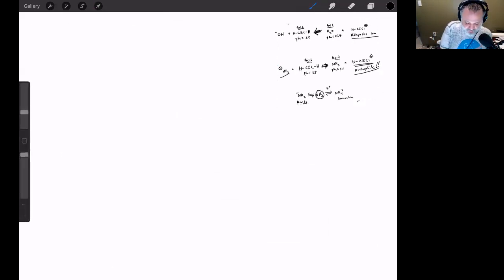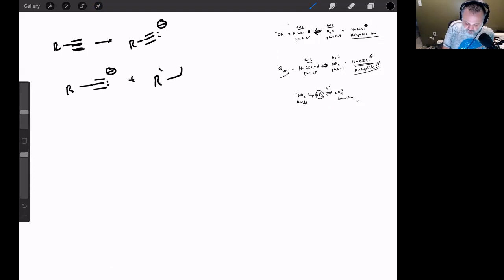If you have something like this with a terminal alkyne on it, then you can turn it into something that has a negative charge. And once you have that negative charge, then you can do something that is familiar to you, where you react it with some other R group, and maybe that R group has a good leaving group attached to it.